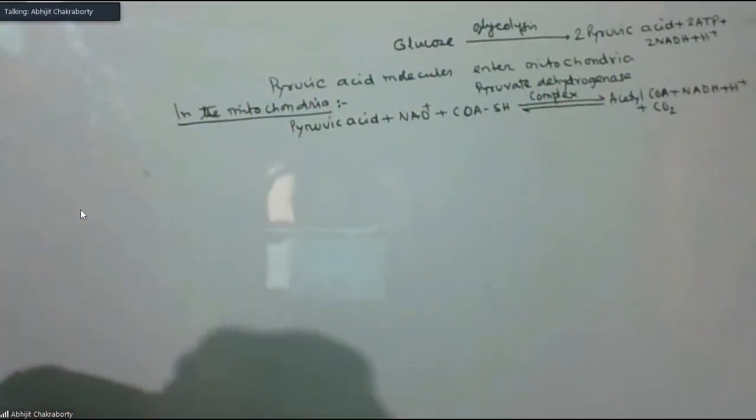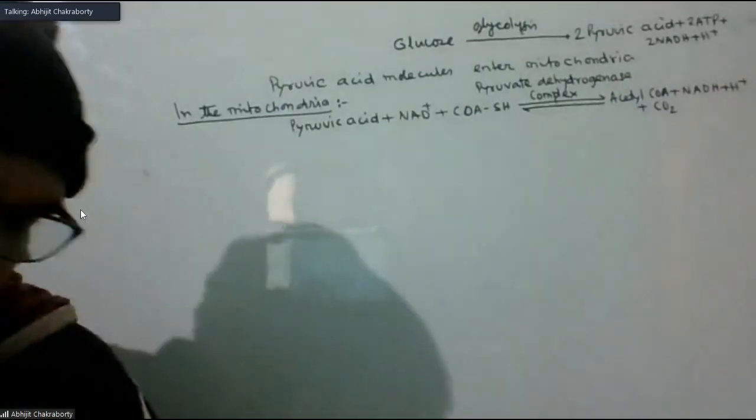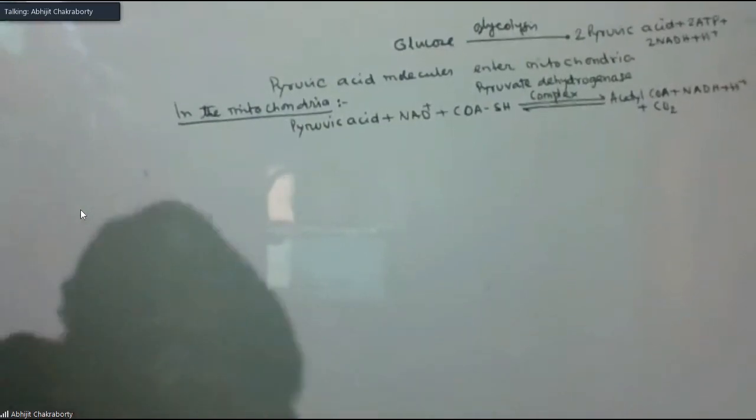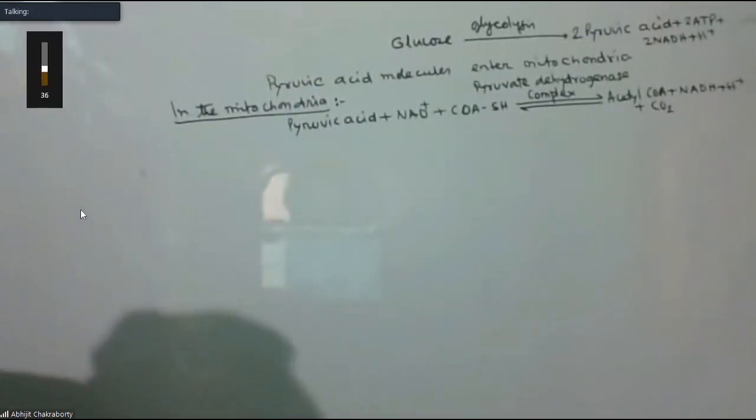Now the question comes, why is the term complex used here? Most important thing is why the term complex is used here. Remember this, this reaction takes place through a series of activities.